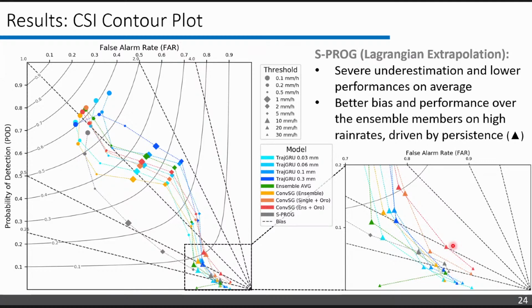But if we look at the final results of combining the ensemble with the orographic data, we can see that we have a much better bias, and not only a better score, but also a better bias with respect to the Lagrangian extrapolation.